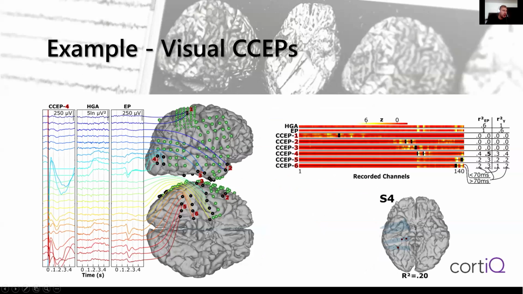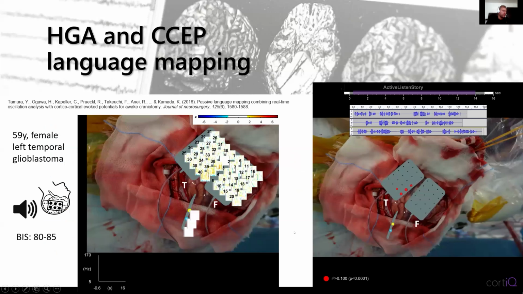And then we can see how well the evoked potentials from the stimulation into the face network correspond to the high gamma activation. Here in red, blue and orange, we can see the high gamma face perception, the face-related evoked potential, and also the stimulation evoked potential. They correlate nicely when we look at the pattern of the activation of the electrophysiological responses.